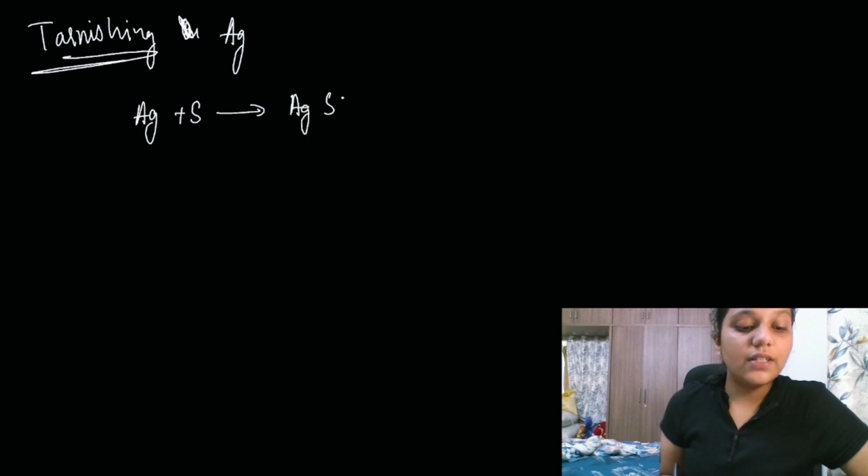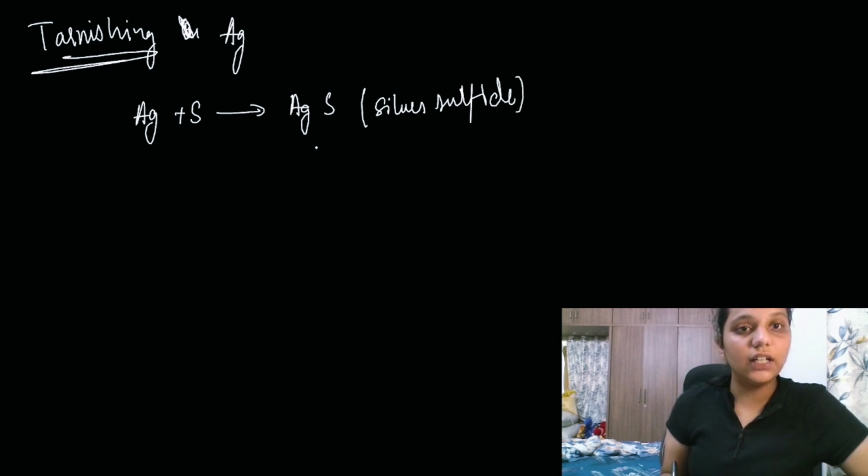That's because of the tarnishing process. Why it turns black is because the silver reacts with sulfur to form Ag2S, which is silver sulfide. So it turns black in color after wearing the silver. We can see that in day-to-day life.